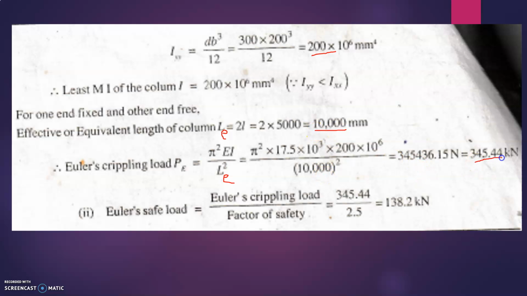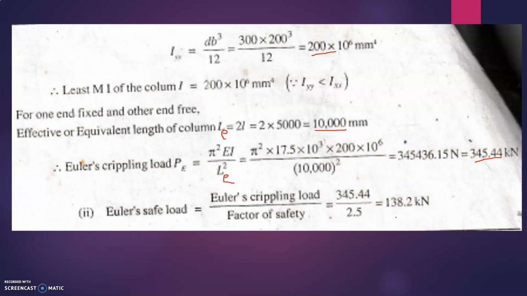So you get 345.44 kilonewton. This is Euler's crippling load. We have to calculate Euler's safe load, that is Euler's crippling load divided by factor of safety. Here factor of safety is given as 2.5. So you get 138.2 kilonewton. Now I have calculated Euler's safe load.